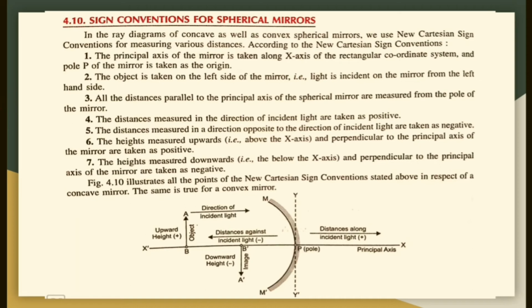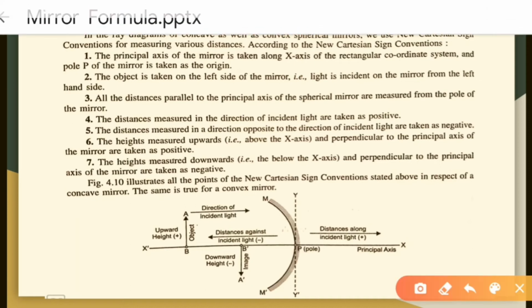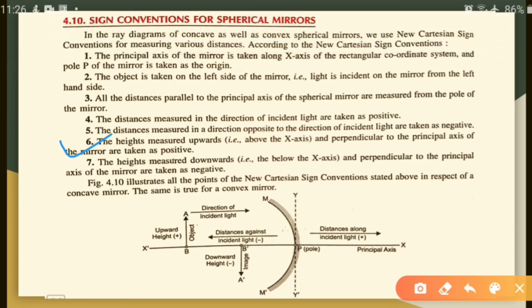Now you also know the sixth sign convention, that is, height measured upward and perpendicular to the principal axis is taken as positive. That is why h1 or ho, the height of the object, is always taken as positive according to sign convention 6.